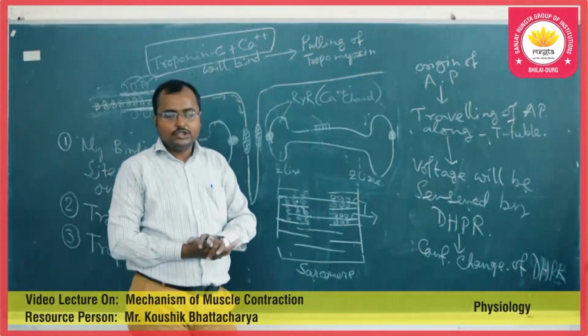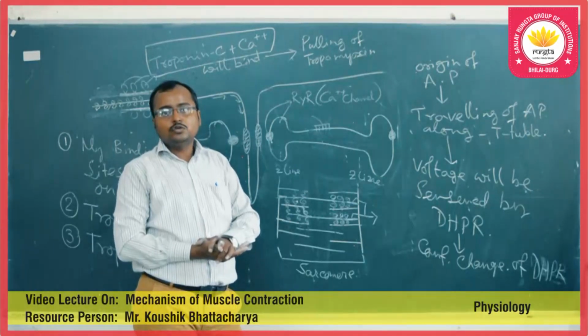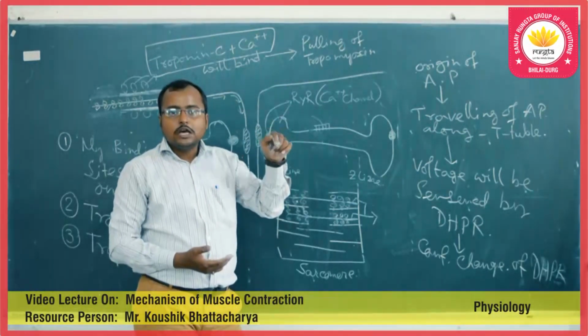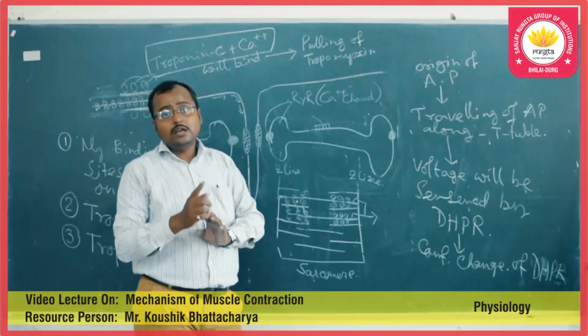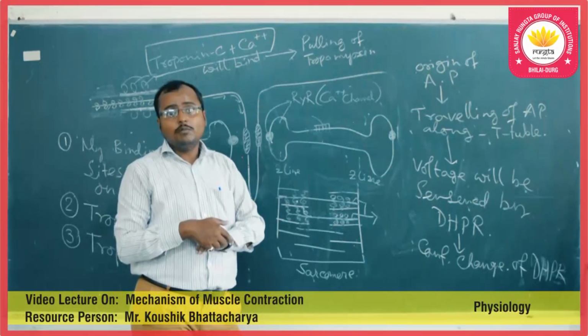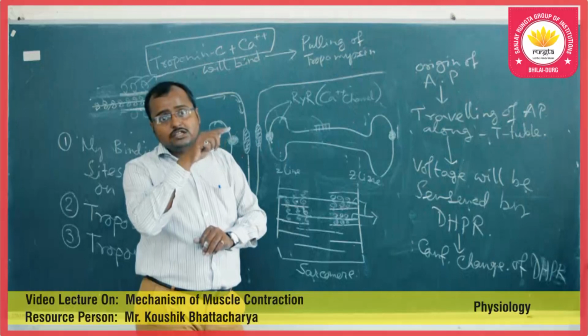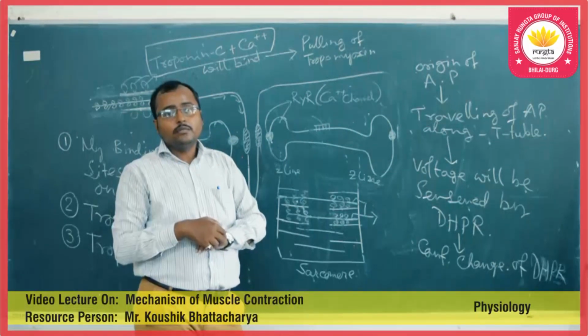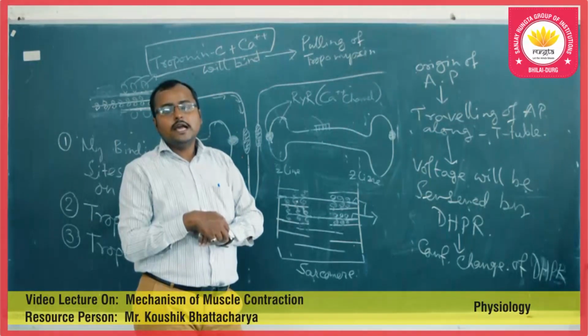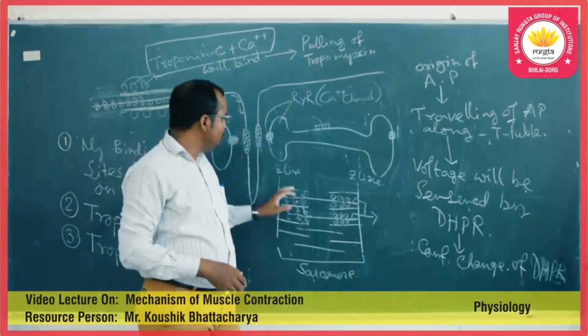Now this action potential will travel along the sarcolemma structure, and there is one anatomical extension of the sarcolemma towards the inner side. That extension is known as the T-tubule.